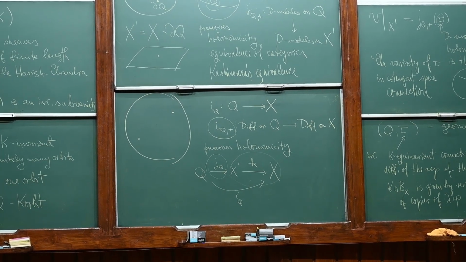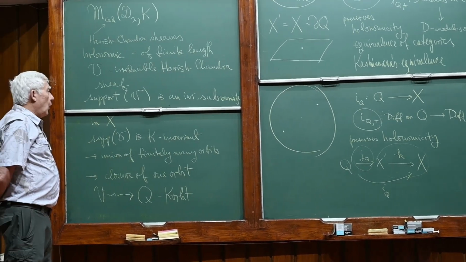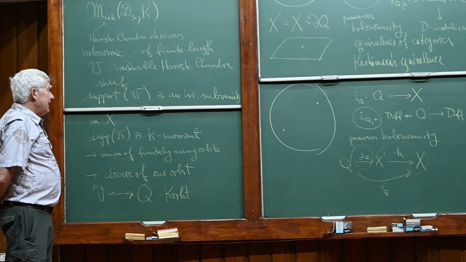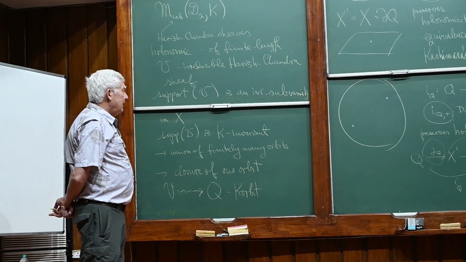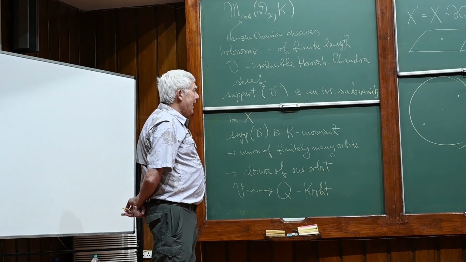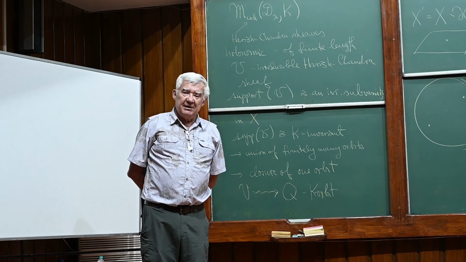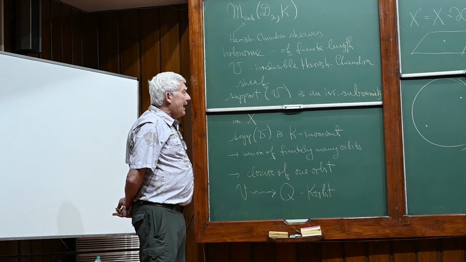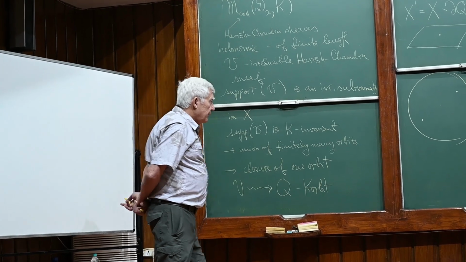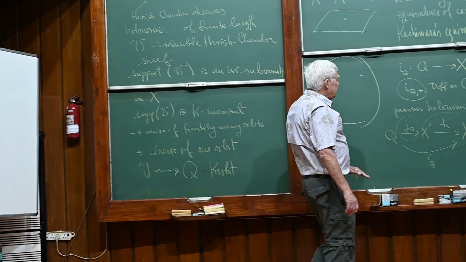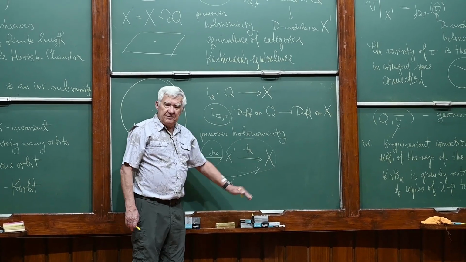I mean, remember in our situation that, say, for O modules, things go wrong. If you take something, say a coherent O module on X prime, and push it forward, you will get quasi-coherent. But the fact that you have the action of D modules forces, for example, this sheaf theoretic direct image to map something of finite length into finite length.